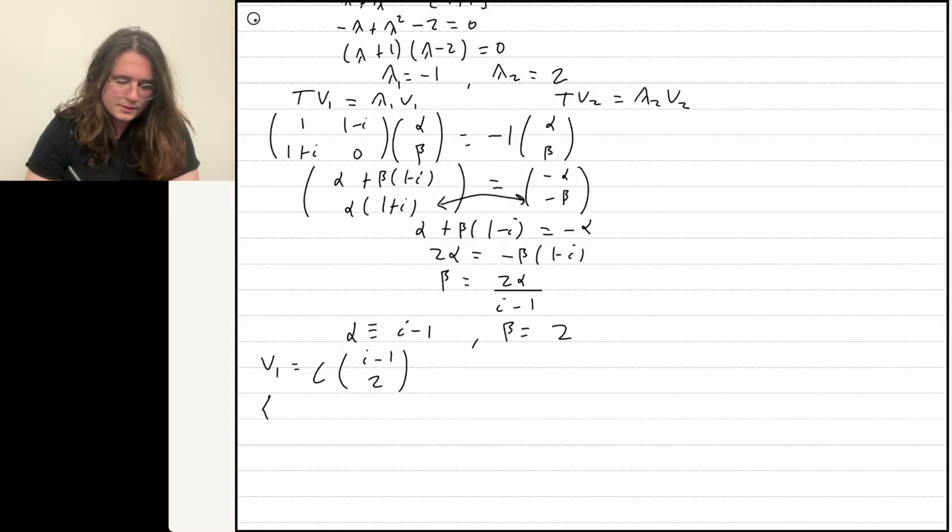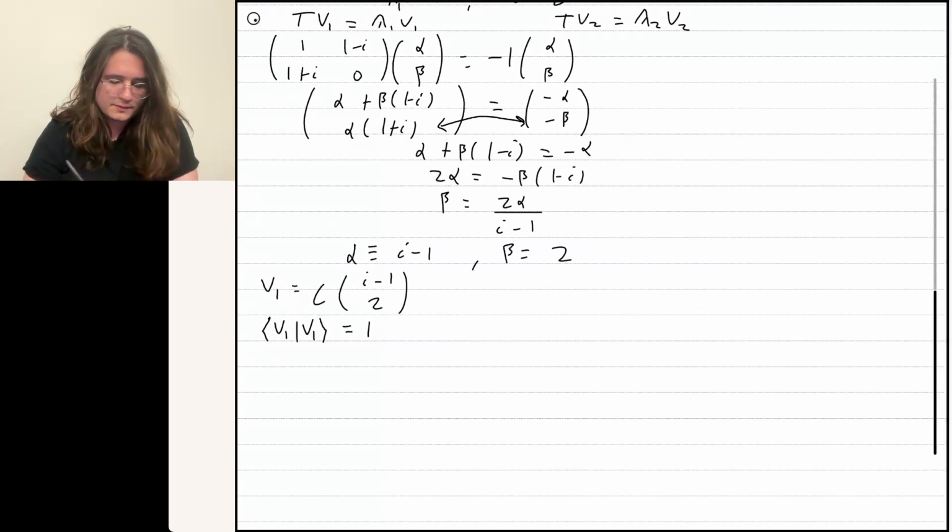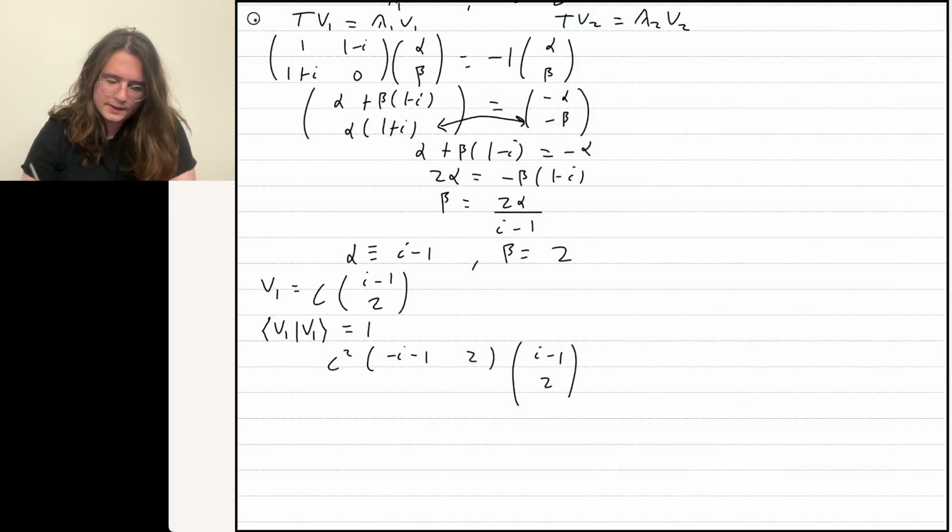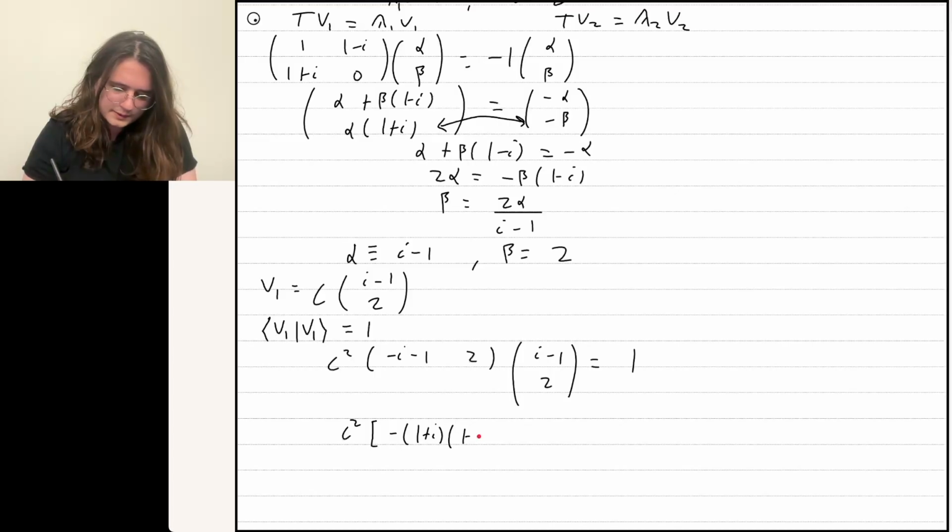So that will be found by taking the norm of the vector and setting it equal to 1. So we've got, or I guess the inner product of the vector with itself, and set it equal to 1. That will give you c squared times the conjugate of i minus 1, 2 times i minus 1, 2 equals 1. So c squared times minus 1 plus i, and I guess to get it to be 1 minus i over there, I'm going to distribute the minus sign like this, so it's 1 minus i.